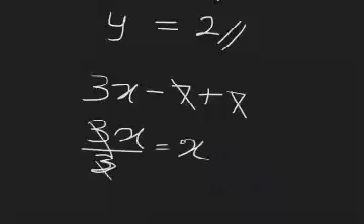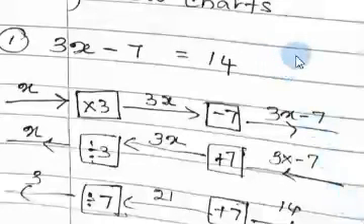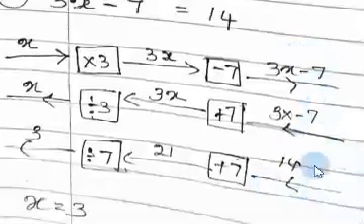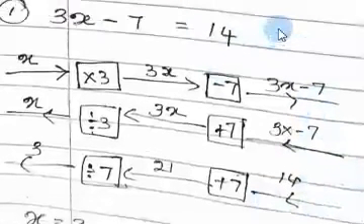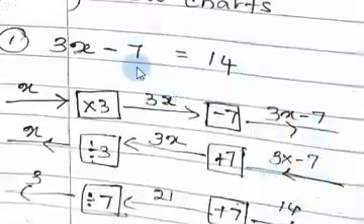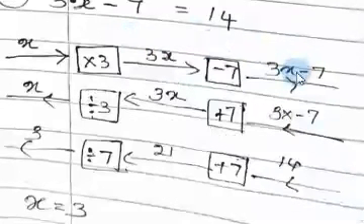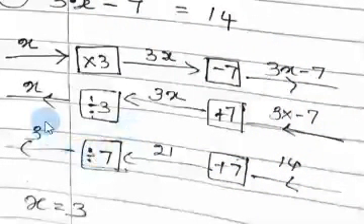Right. Now the last term. According to the equation, 3x minus 7 equals 14. Then, instead of this 3x minus 7, you can put 14 here since both sides are equal. So I can put 14 here. 14 plus 7, 21. 21 divided by 3, 3.